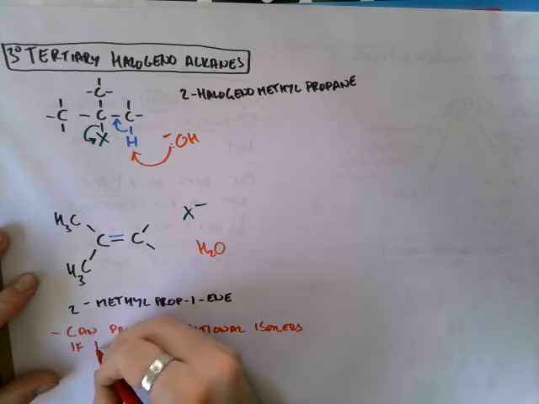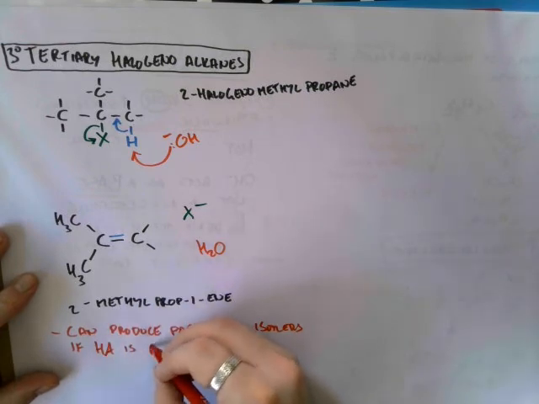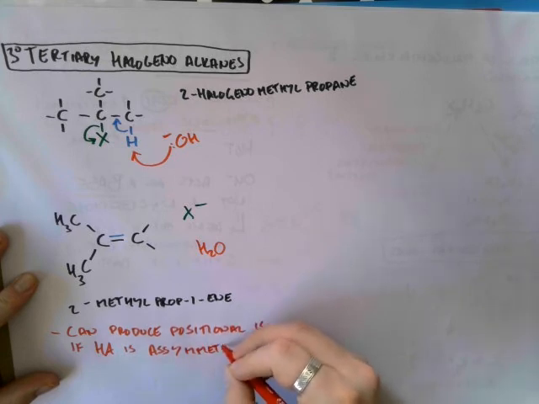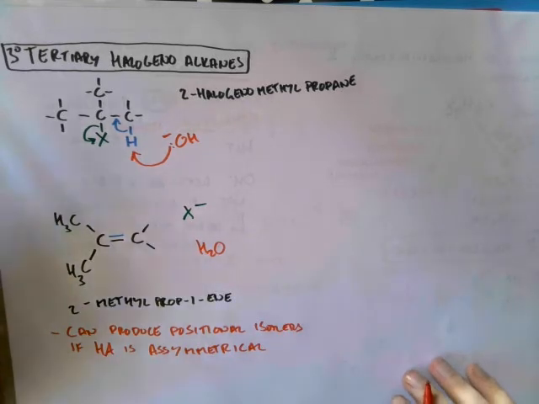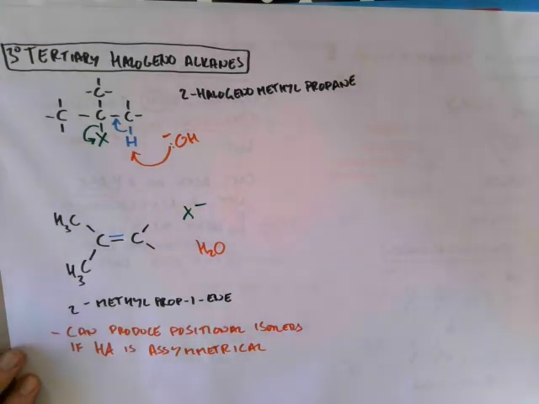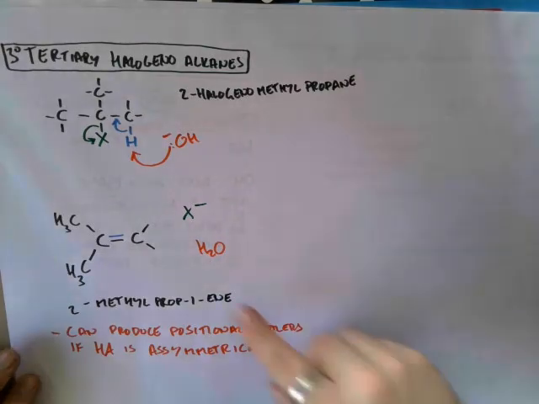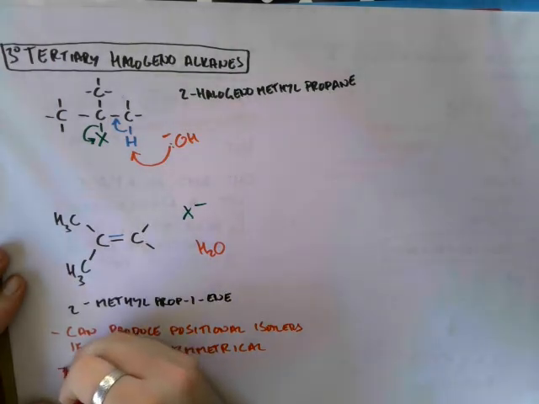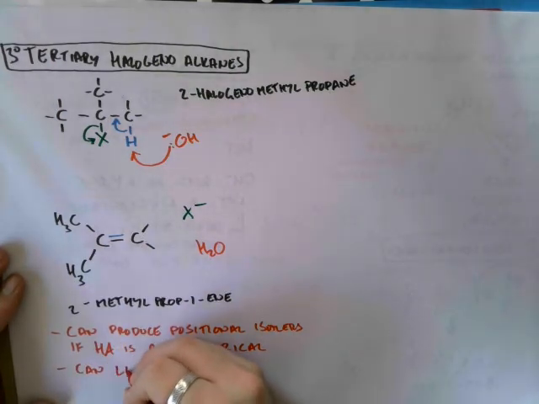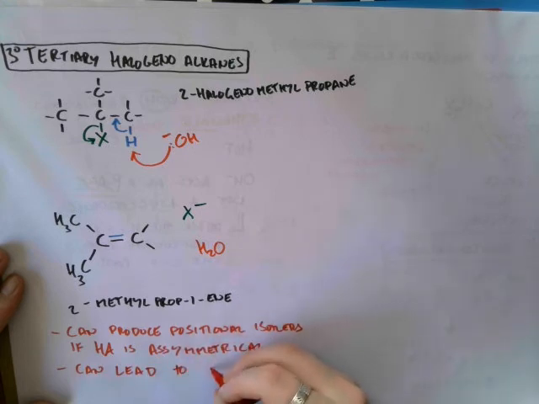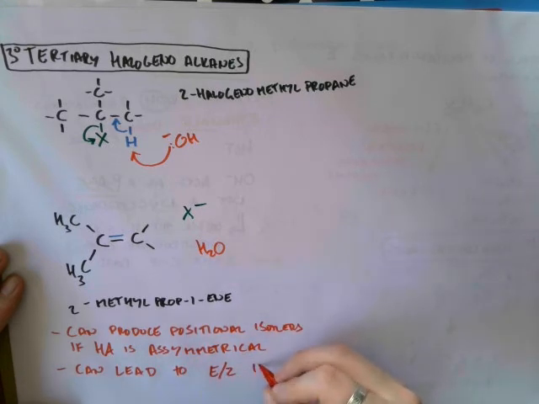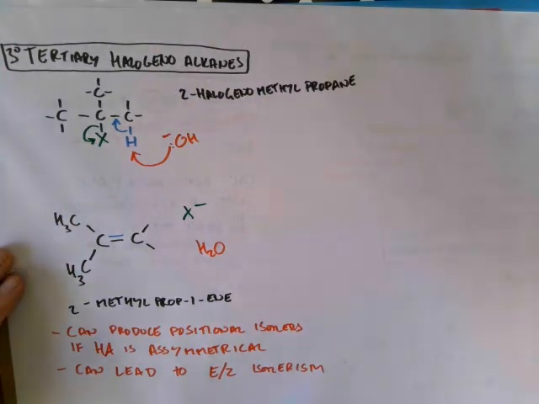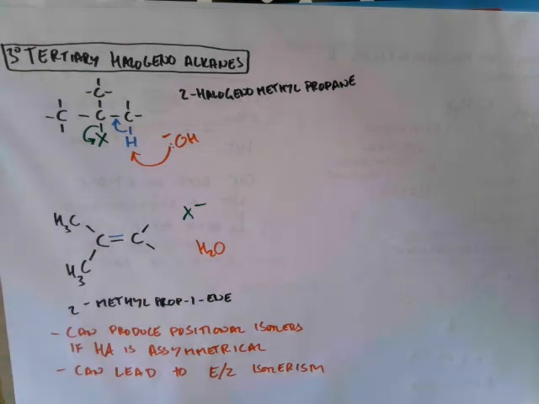So if the halogenoalkane is, I always struggle with spelling this word, asymmetrical, it just always feels like it's got too many letters, but if it's asymmetrical, you can do that. And again, potentially depending on what you've got coming off, if your carbon chains are longer than a single carbon, it can lead to EZ or geometrical isomerism. And that's something definitely worth looking into.